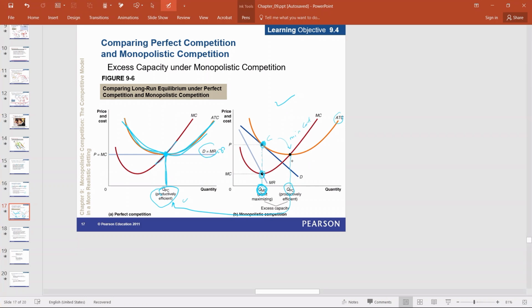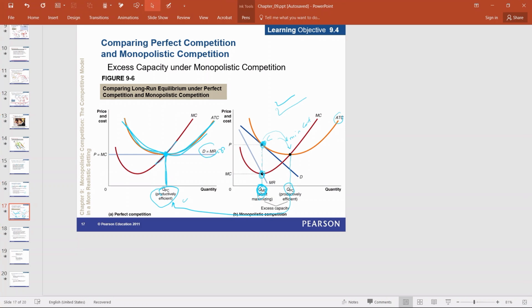And because it is not produced at the minimum level of cost, this means that monopolistic market doesn't achieve the efficiency in the market. Why? Because it produces at level where production is produced at level greater than the minimum level of cost.